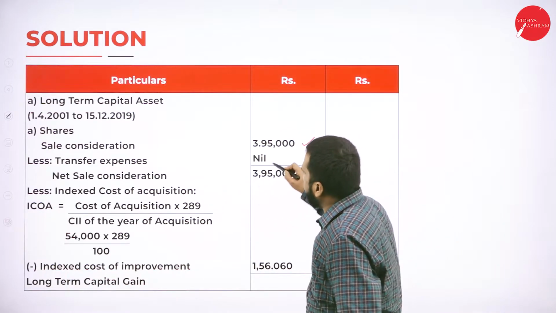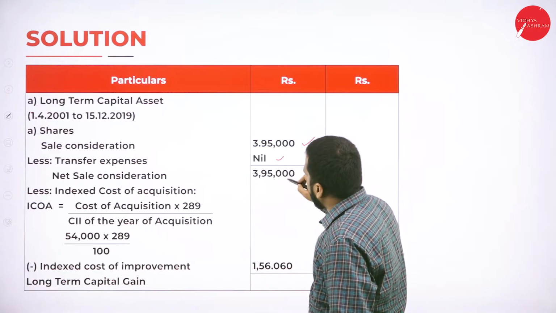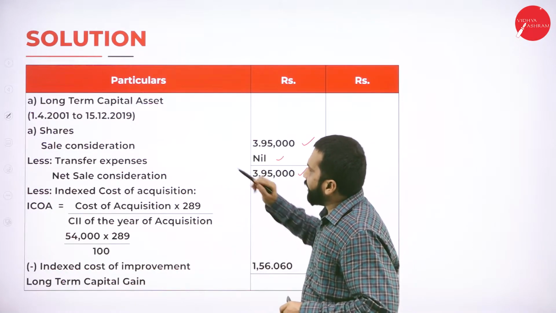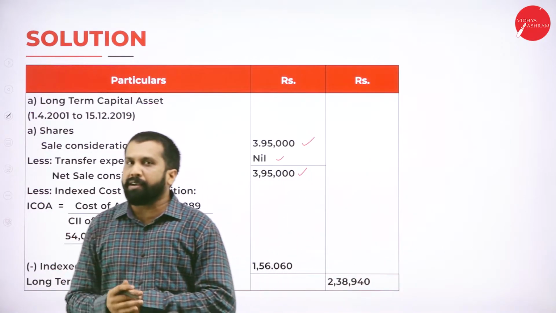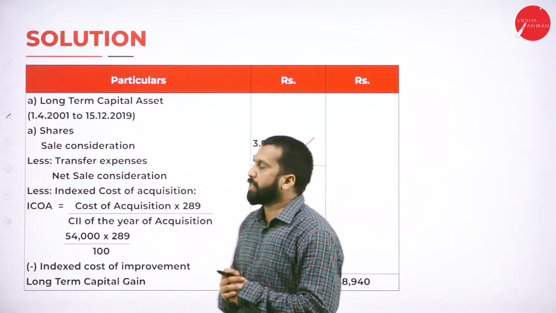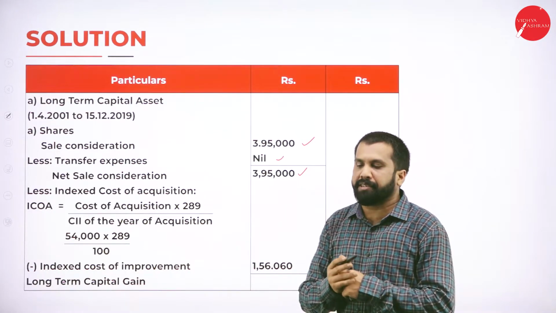Any transaction fees? No, they have not mentioned anything. So the net consideration will be 3,95,000. Transfer fees means that if you have paid any brokerage at the time of transfer, then we have to consider it. 3,95,000 is your net consideration.